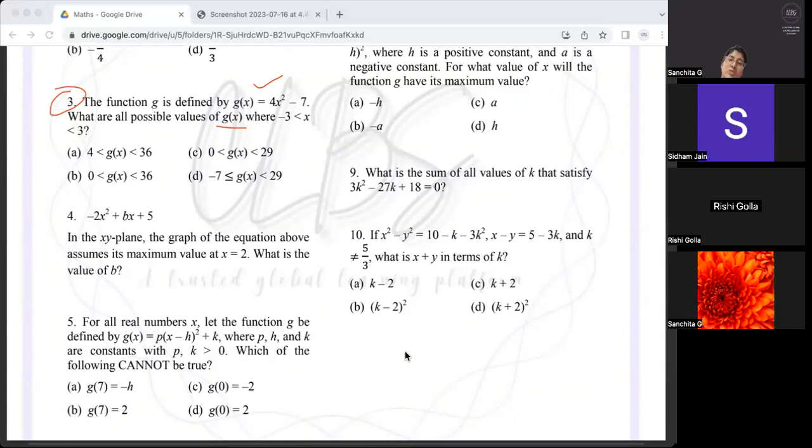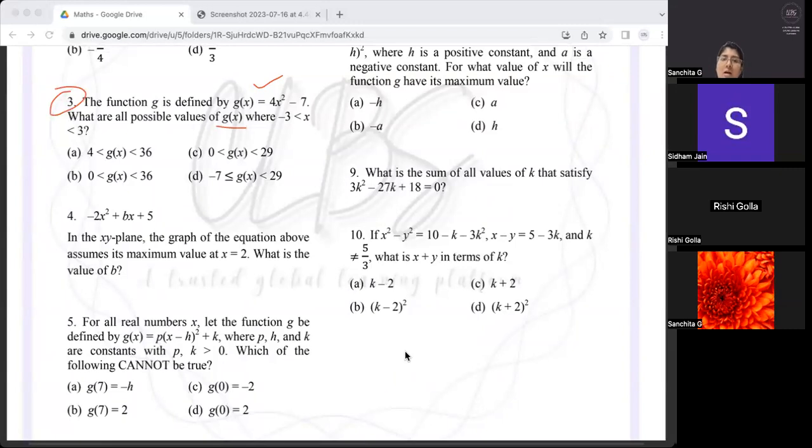I can actually use a pick-a-number strategy. I told you in the first class that if you have an equation with variables in the answer options, then definitely you can pick a number. And here, because I have a range, I should take a value in the given range.